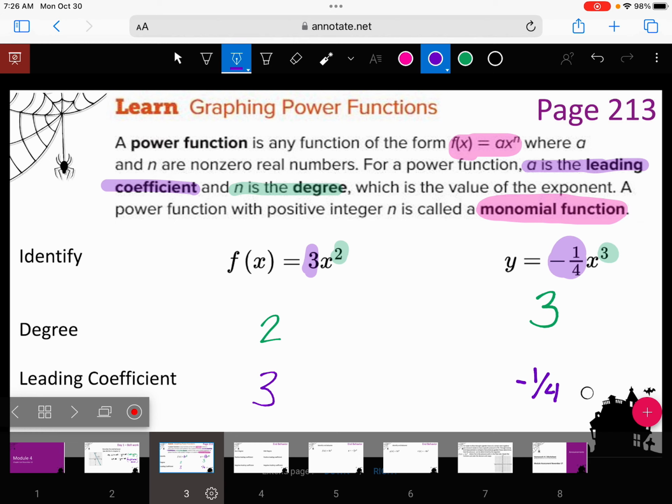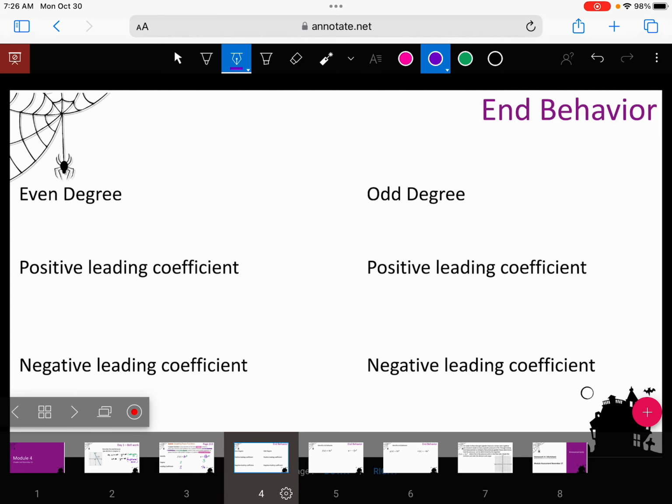The reason we care is our degree and our leading coefficient actually tell us everything we need to know about how the arrows happen on our function. So we're going to write a few things down. We're going to start with our degree.